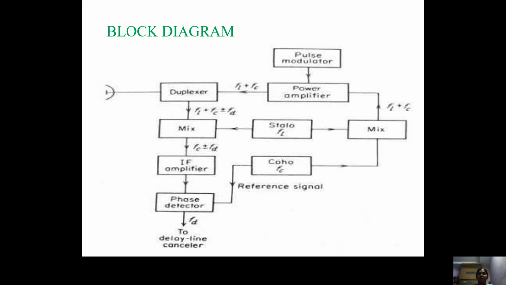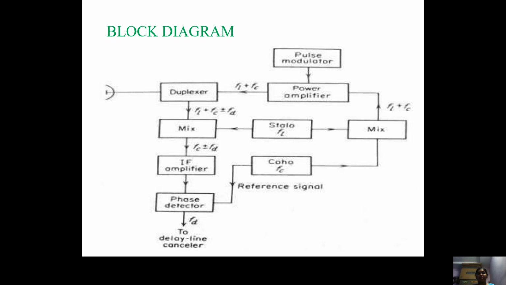In the IF amplifier, the received echo signal gets amplified, and in the phase detector we need only the Doppler shifted frequency signal, which is of our interest. So here we need to cancel out the carrier frequency FC.